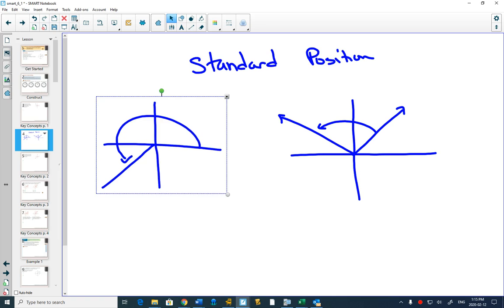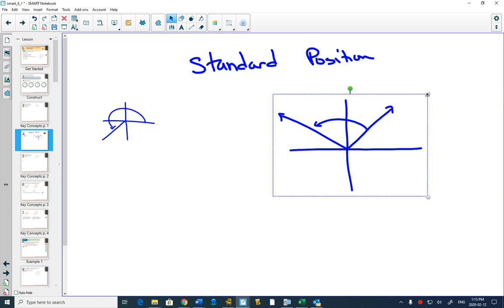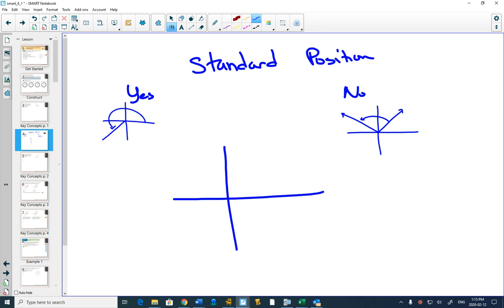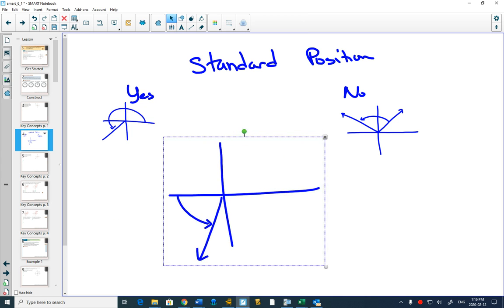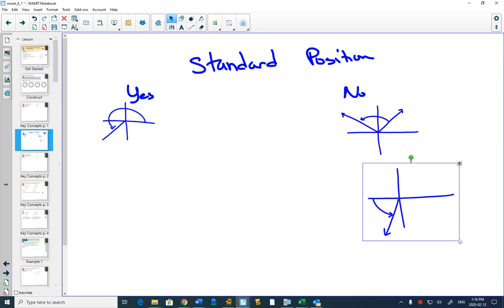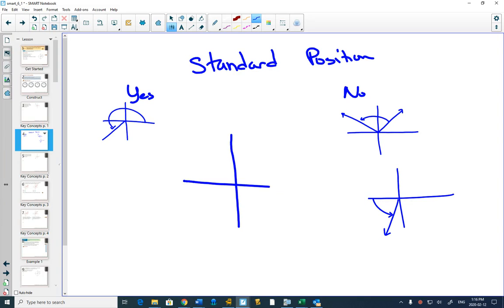Make it a little bit smaller now. This one is not. So I'm going to put on this side, yes. And this side, no. All right, here's our next one. This one is no. How about this one?